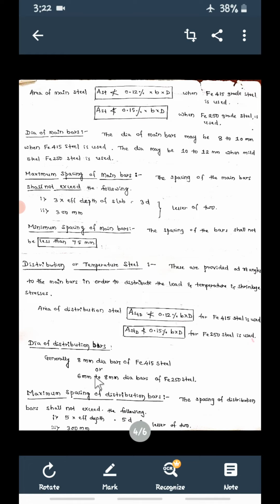Then the maximum spacing of distribution bars should not be more than 5d and 300 mm, whichever is less. For main steel the maximum spacing is 3d and 300 mm, and for distribution it is 5d and 300 mm. Out of these two, whichever is less will be the spacing of distribution bars.